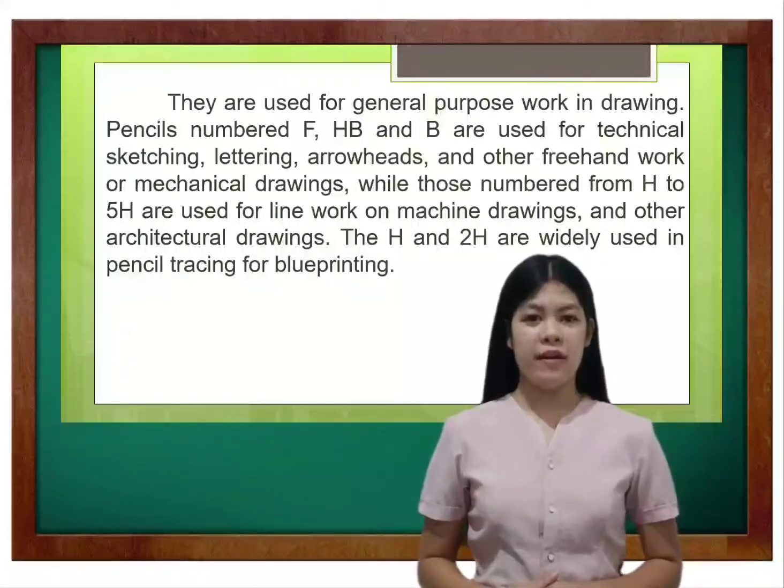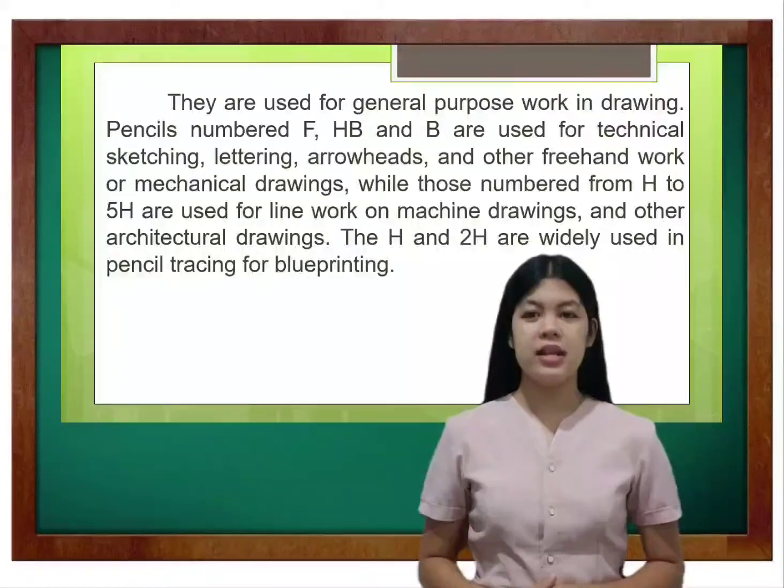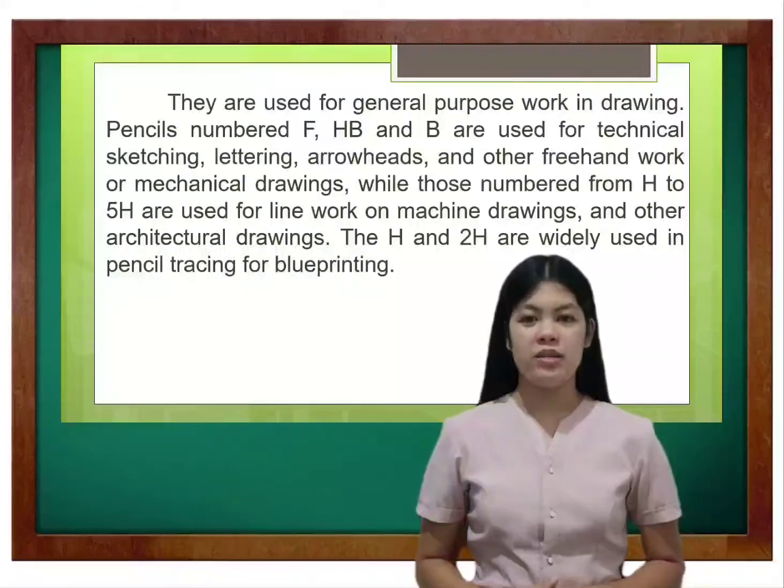Pencils numbered F, HB, and B are used for technical sketching, lettering, arrowheads, and other freehand work or mechanical drawings, while those numbered from H to 5H are used for line work on machine drawings and other architectural drawings. The H and 2H are widely used in pencil tracing for blueprinting.